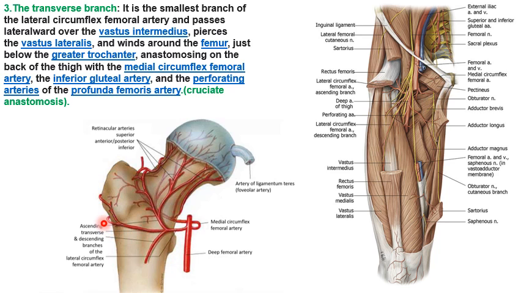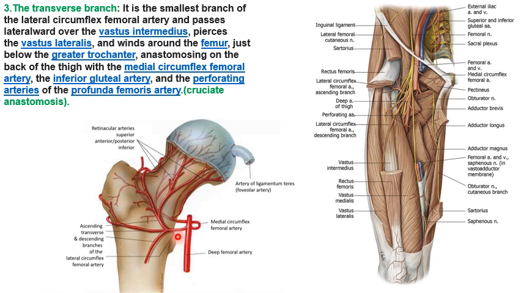Anastomosing on the back of the thigh with the medial circumflex femoral artery, participating in cruciate anastomosis near the lesser trochanter behind.